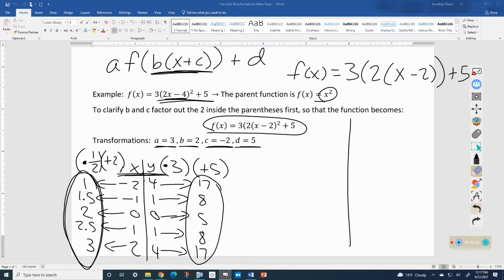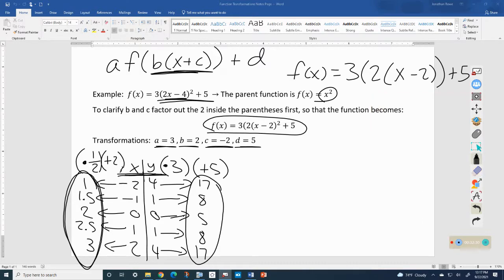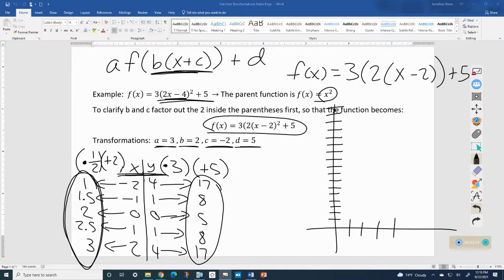Okay. So for my new ordered pairs, on the y-axis I've got to go all the way to 17, so I'm going to make it a little shorter. 1, 2, 3, 4, 5, 6, 7, 8, 9, 10, 11, 12, 13, 14, 15, 16, 17. Okay, so this is not going to be exactly to scale.